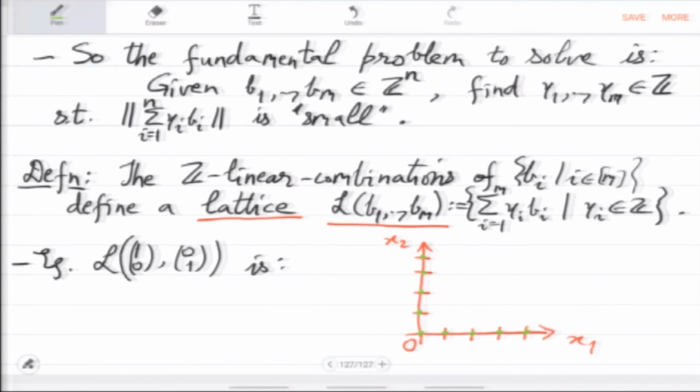Now what are the other lattice points other than the axes? Well, this is also a lattice point, 1 comma 1, because you can sum up. And by summing up other things, you will get these other points.